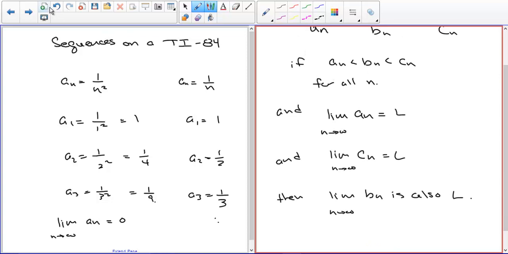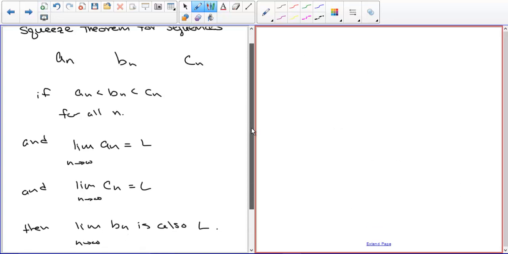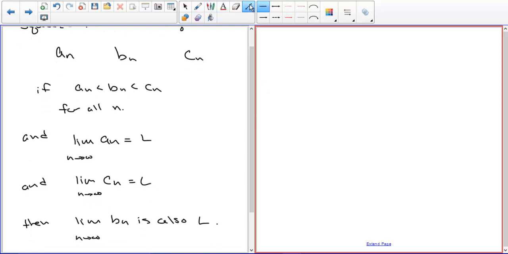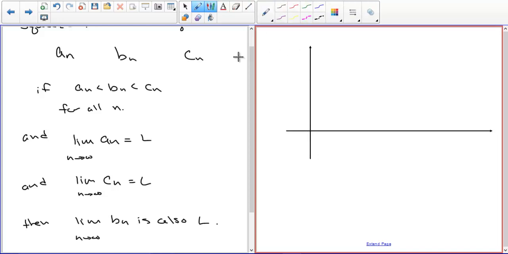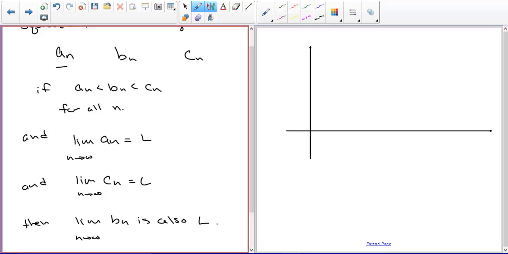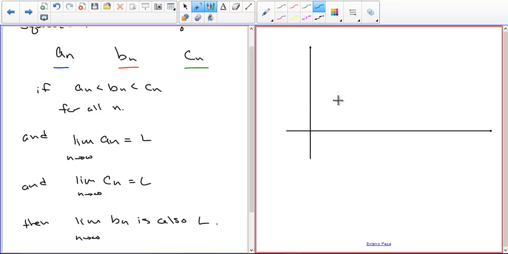So let me just show you graphically what I'm talking about. If I plotted, like I plotted here with the calculator, I'm going to use different colors here. We're going to make this one blue, this one red, this one green. So A sub n is going to be the smallest one. Let's say A sub n looks something like that.